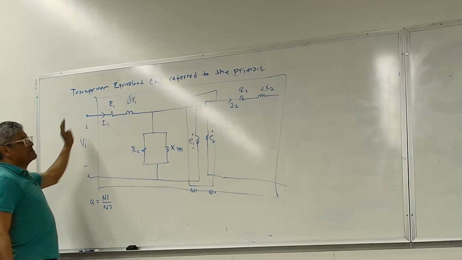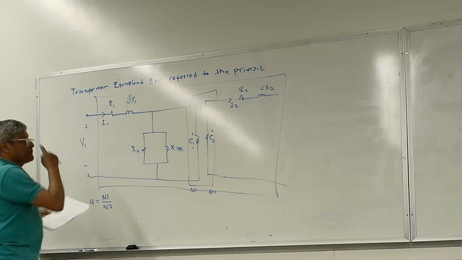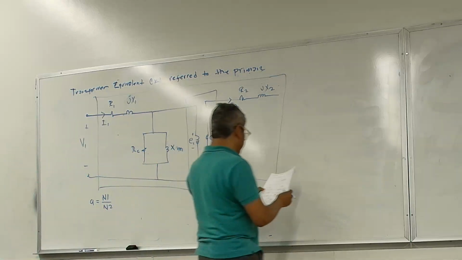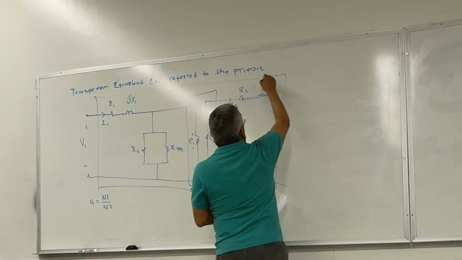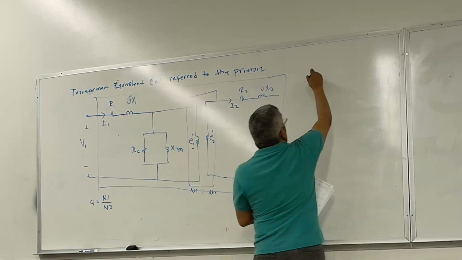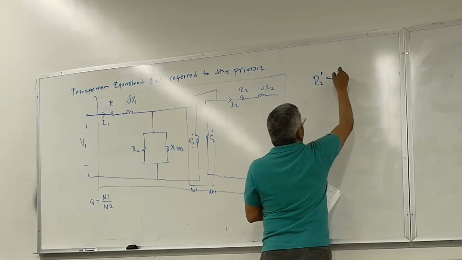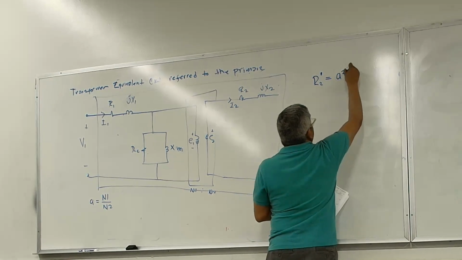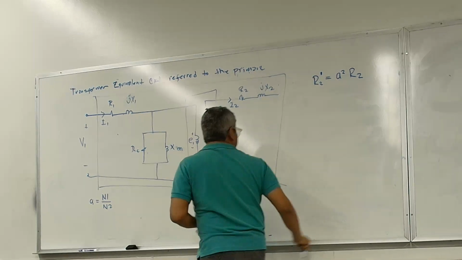Not everything that comes in necessarily comes out. Okay, so let's start with R2 prime is equal to A squared times R2. A squared, the turns ratio squared.